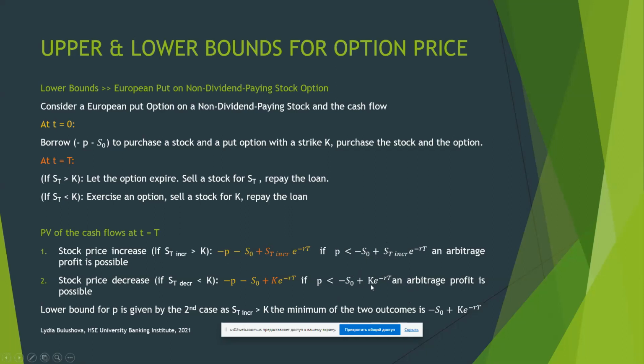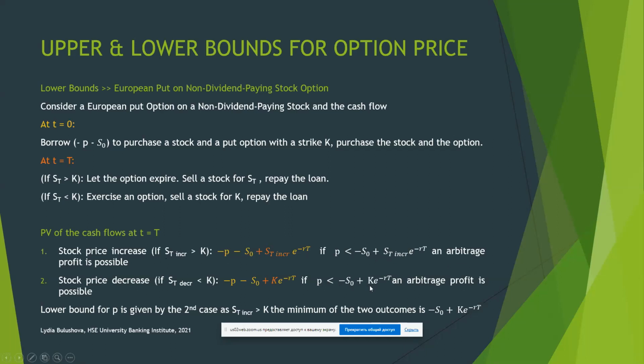K is like 100, S sub T is higher than 100, like 200, minus S sub 0 plus 200 multiplied by something, minus S sub 0 plus 100 multiplied by something. This is the lower bound.